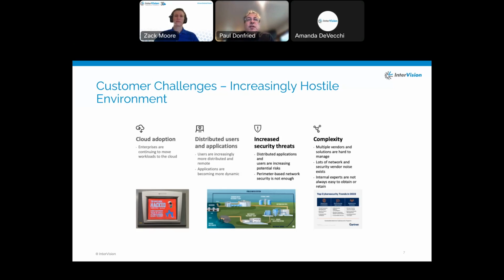And in many ways, that's bringing us back to the connected era of mainframes, where it's very difficult to do your job or your work in isolation. You need connectivity to those cloud services in order to be able to do your job, right? The second dimension, distributed users and applications.